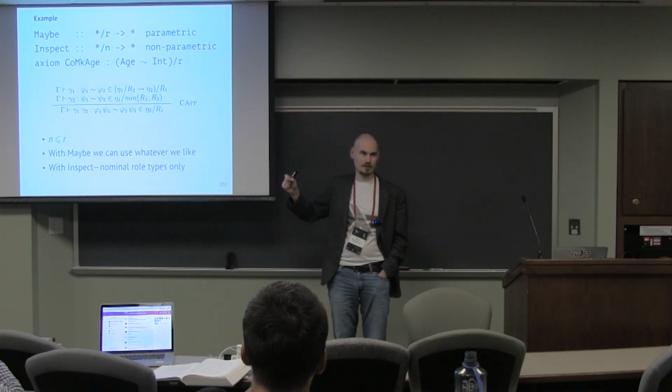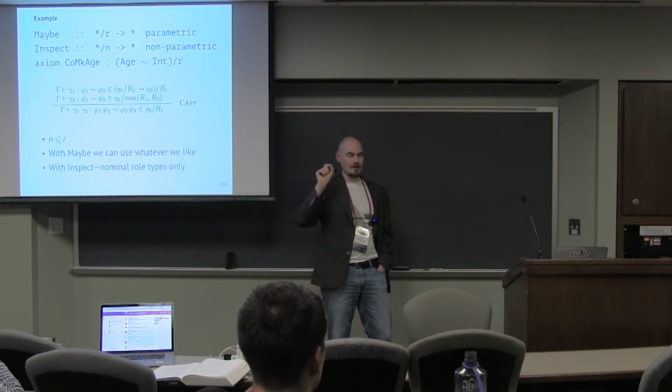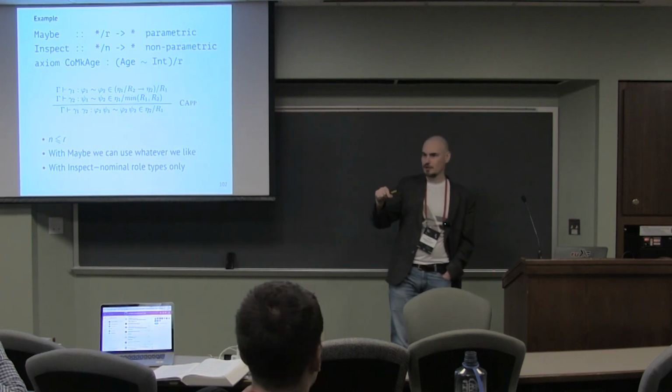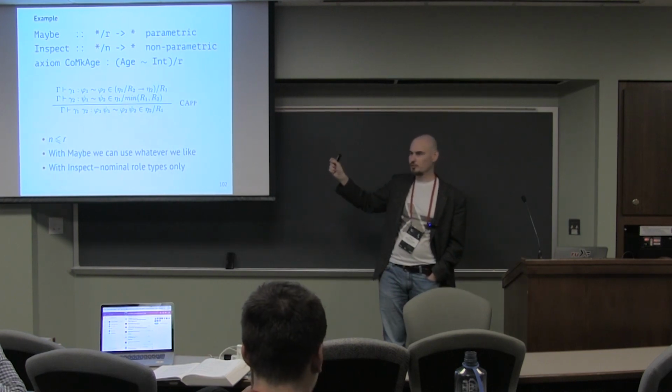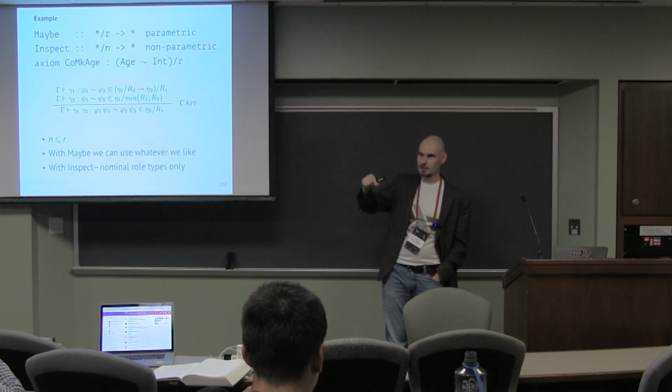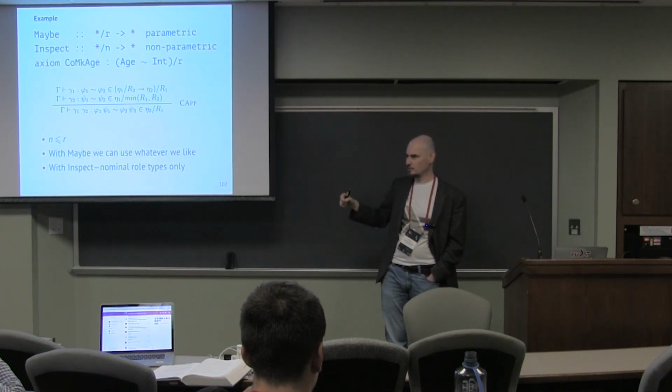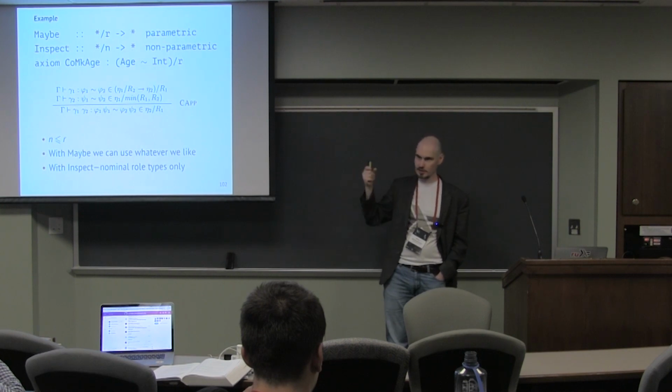So that's the question. So if we can type check something, then that's all right. So according to this rule, we should be able to type check Maybe H equal to Maybe Int, and we should not be able to type check Inspect H equal to Inspect Int. So we should see it right there.